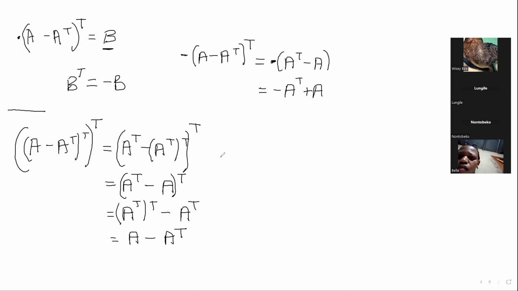Exactly. So basically, you need to understand what we're looking for. In this case, this whole thing, that's what the question said, is skew symmetric. So we needed to find out if this thing is skew symmetric.